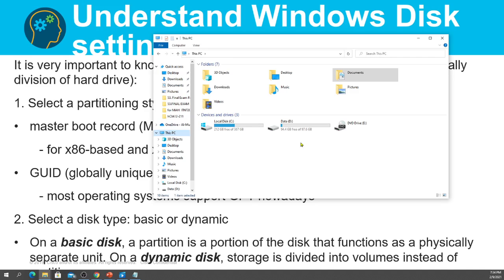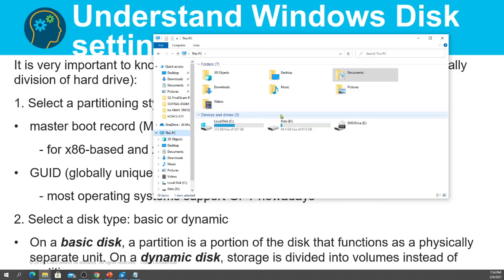My hard drive is 500 GB, but you will see here 367. This is considered 400. And 97.6 GB is considered 100. 400 plus 100 is equal to 500 GB. So you should know how to get the capacity of your hard drive.